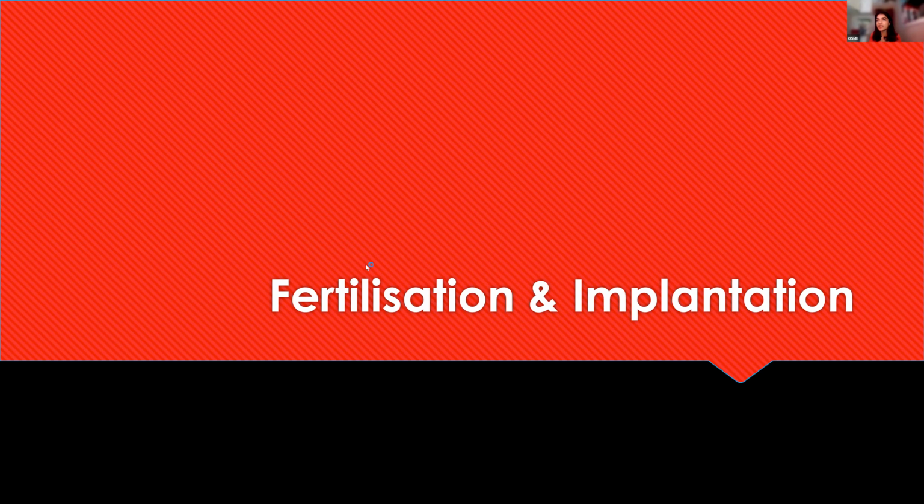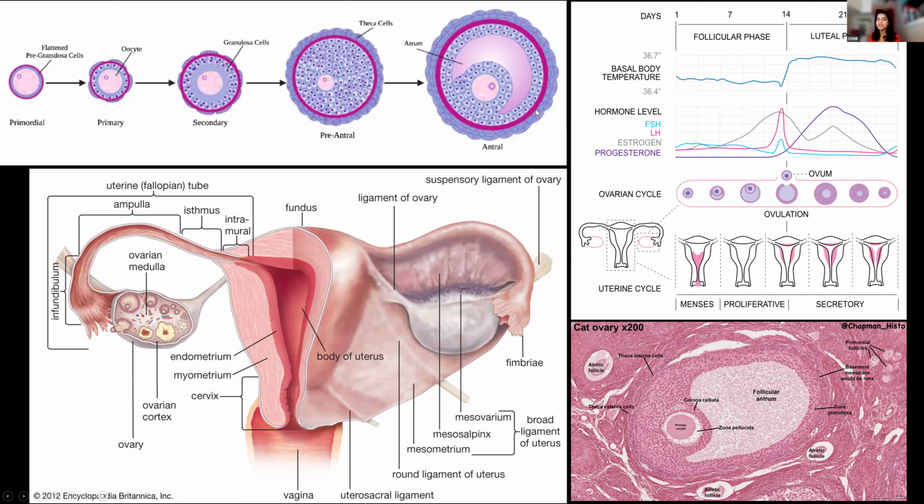So let's start with fertilization and implantation. Again, I have included a lot of diagrams, so hopefully you can either screenshot it or later when they send around the slides, you can just take them. It's useful for revision as well and really useful for part A's. The first step is ovulation.